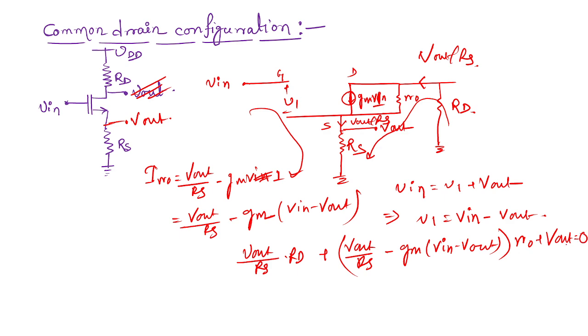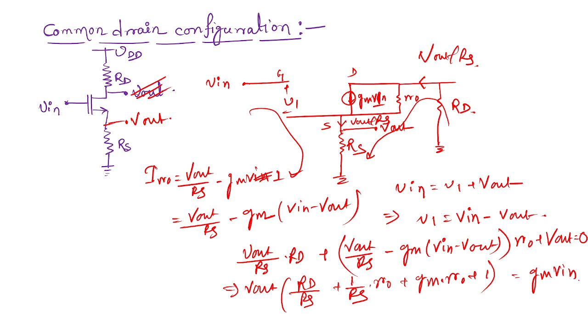Okay, so now if you take V out common, it becomes RD by RS plus 1 by RS into R naught plus GM R naught plus 1 is equal to GM V in into R naught. Now take common R naught on both sides.